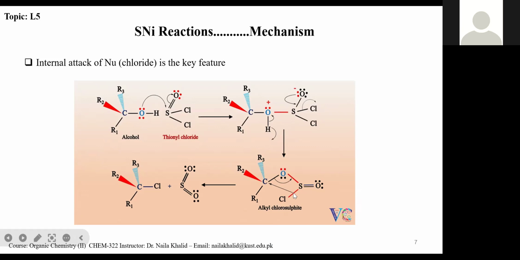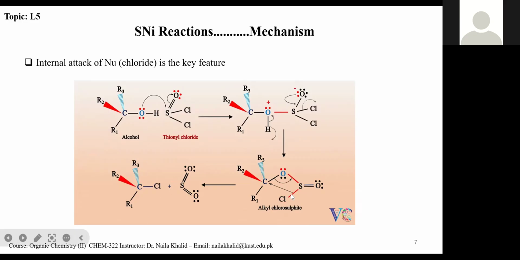Along with this electron pair, it will attack on this electrophilic carbon. This electron density comes here, and you will get another stable molecule, which is sulfur dioxide. So this is also the byproduct. Sulfur dioxide is also the byproduct, and it leaves the surface.